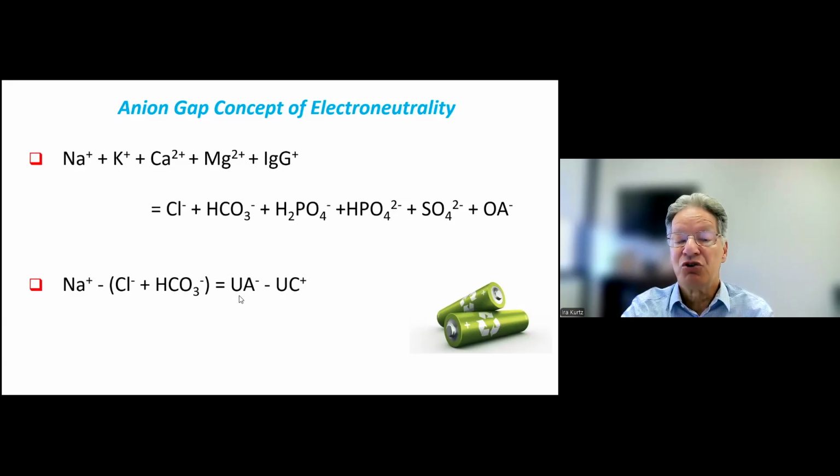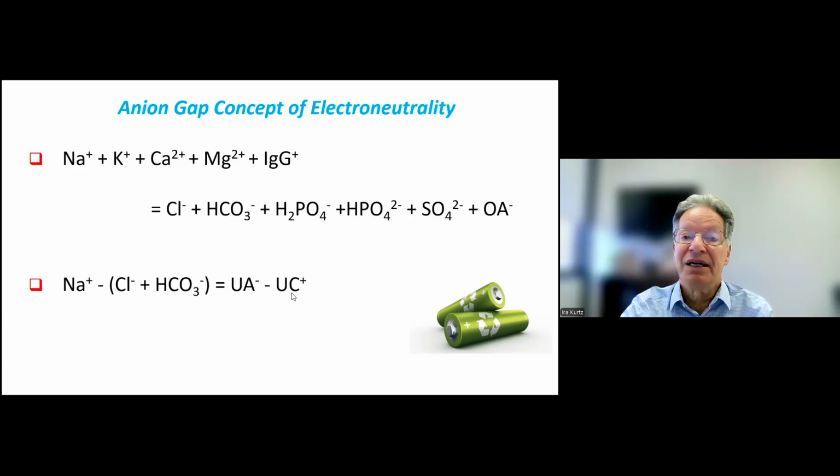Now, it's important to realize that this doesn't just equal the unmeasured anions, right? Because the right side has to equal the left side. So you also have unmeasured cations, and that will include calcium, magnesium, and IgG. So someone with multiple myeloma with a lot of unmeasured cations, the anion gap actually decreases. That's what you see.